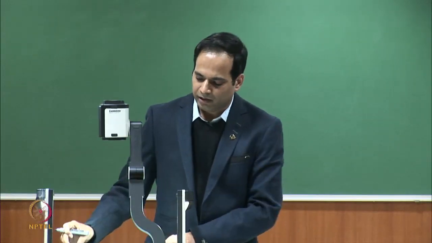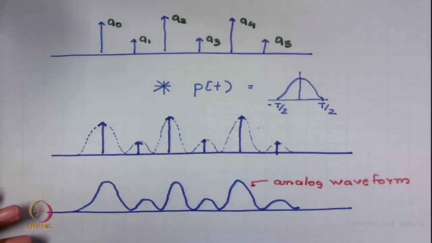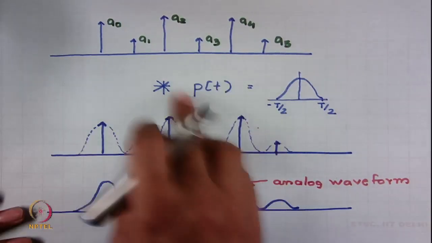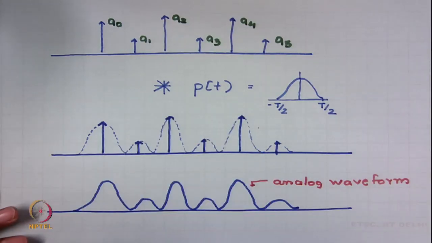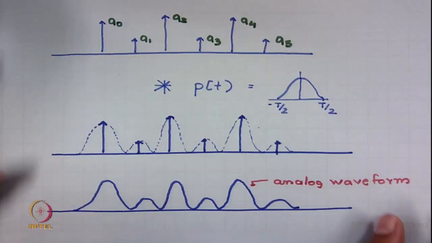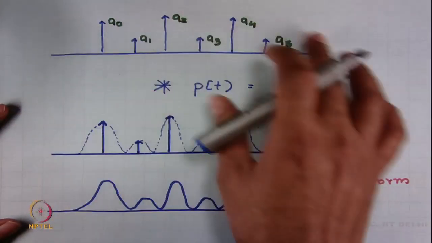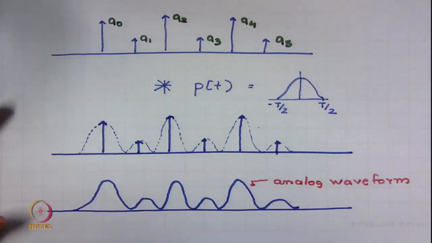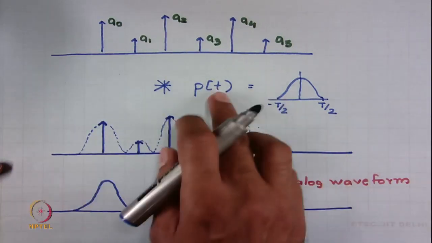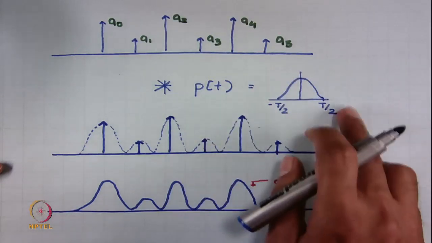After we have got the impulse train, the next step is to pass this through a filter. We have assumed a filter which has the impulse response p(t). On passing this through the filter, mathematically this impulse train gets convolved with the impulse response of the filter, p(t), which I have assumed to have such a shape.